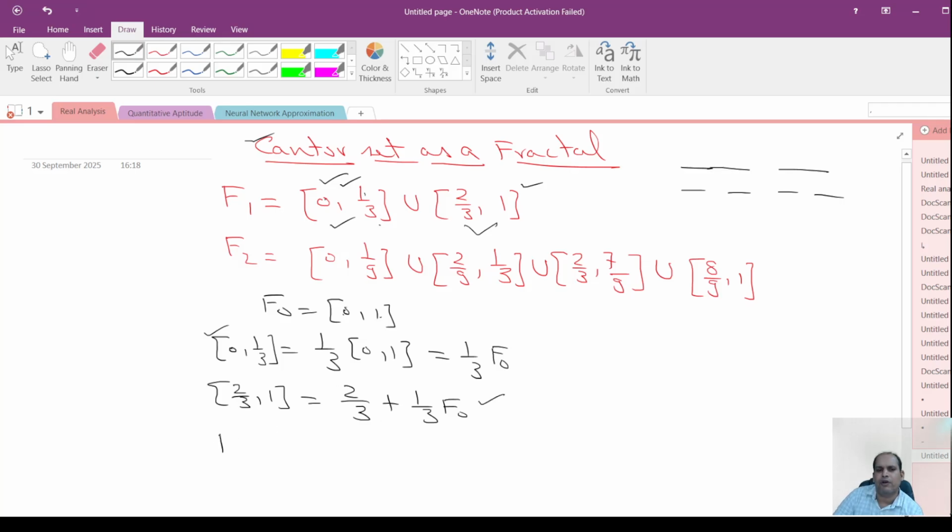So in general, F1 I can write as 1/3 of F0 union 2/3 plus 1/3 of F0, because we have a union of two intervals.